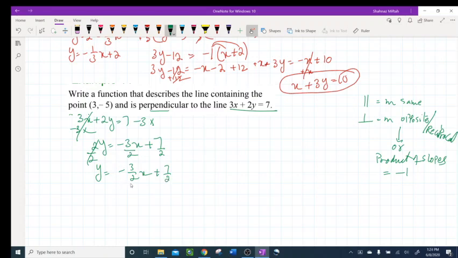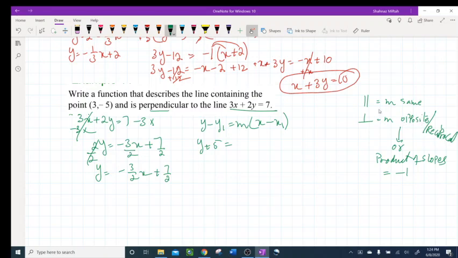Now if you pay attention, the slope is -3/2. So what would be my slope for the perpendicular line? Let me write down my point slope equation first, and then we will decide. The y1 value is -5, which is going to turn +5. This line that we are getting ready is perpendicular to the line 3x plus 2y equals 7, so the slope is supposed to be opposite and reciprocal.